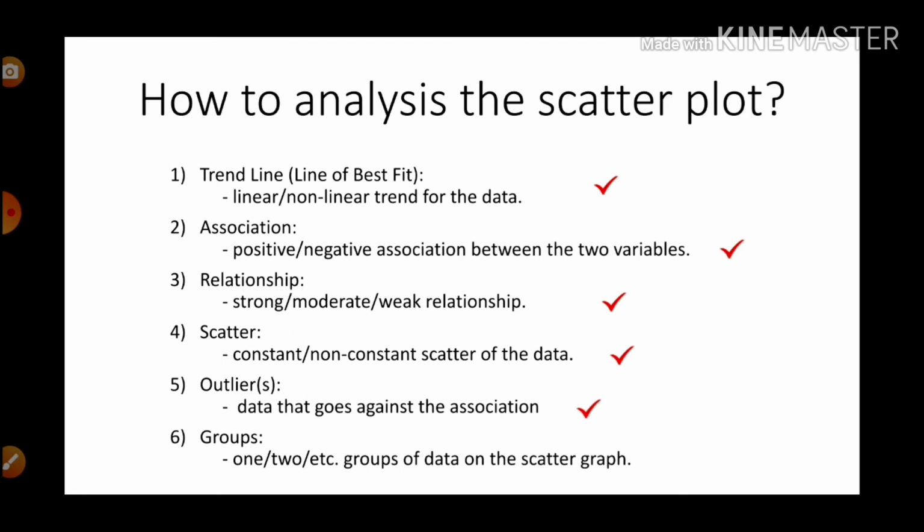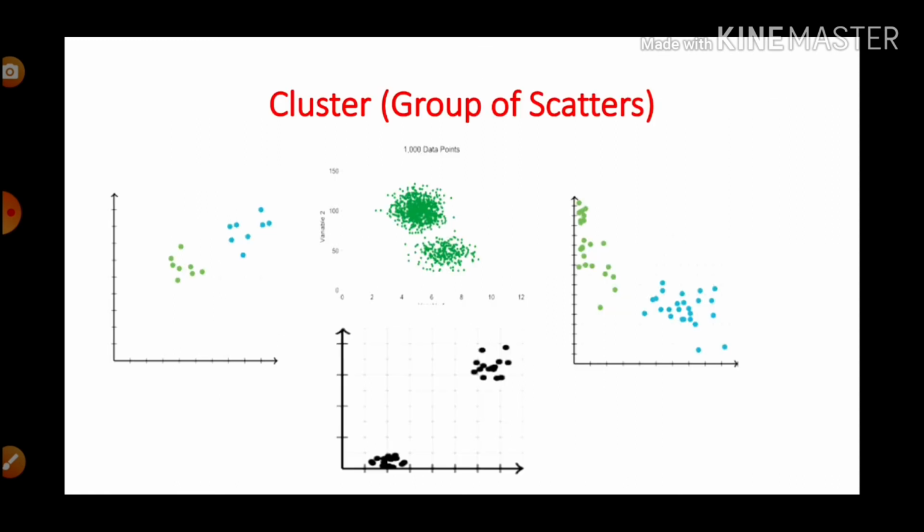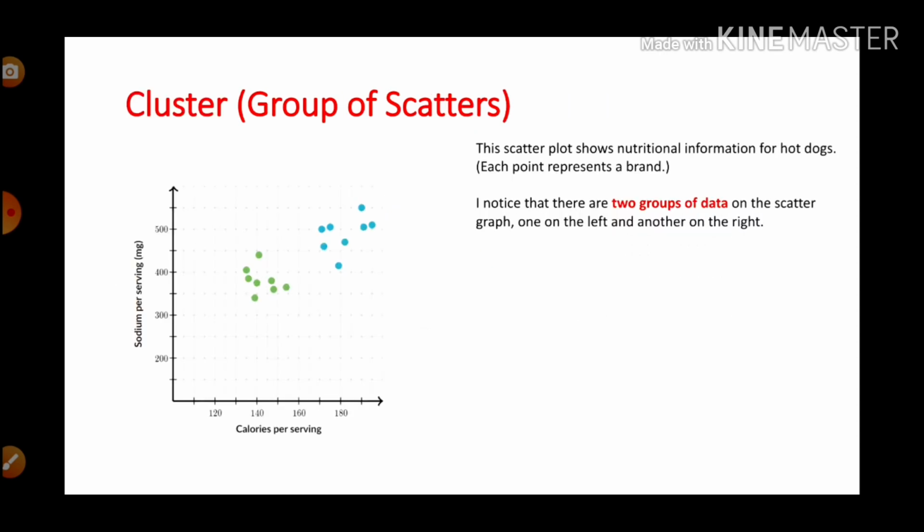Now let's have a look at the last one, groups. Right, if you see the scatter plot, sometimes there are some groups of dots clustered together. Right, so what you need to do, you need to say, oh, I see two groups of data on the scatter graph, one on the left, one on the right, right?